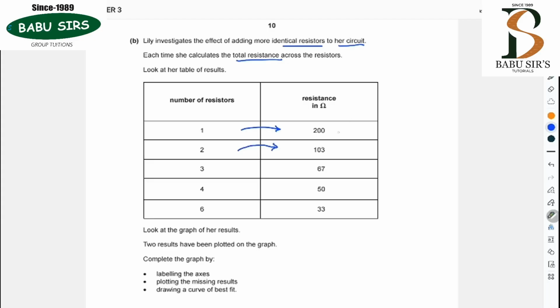That means it is minus 97. When she puts three resistors, again there is a decrease. So every time it is decreasing.